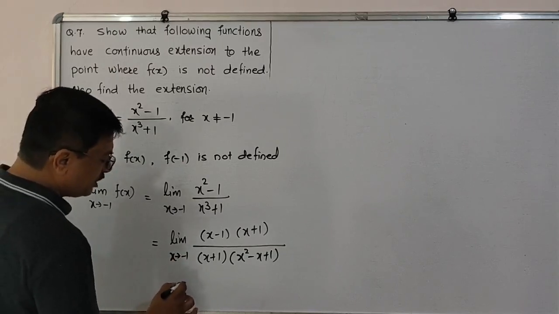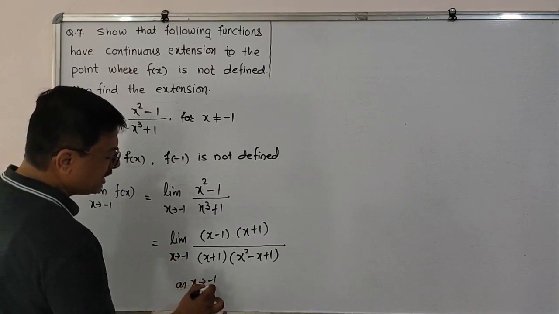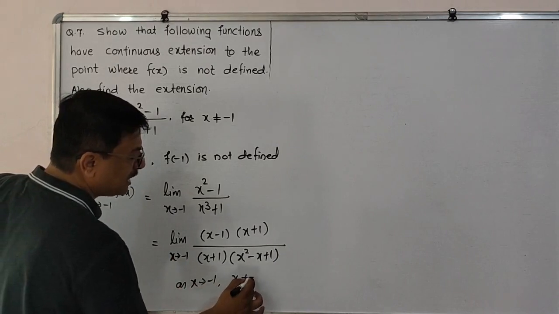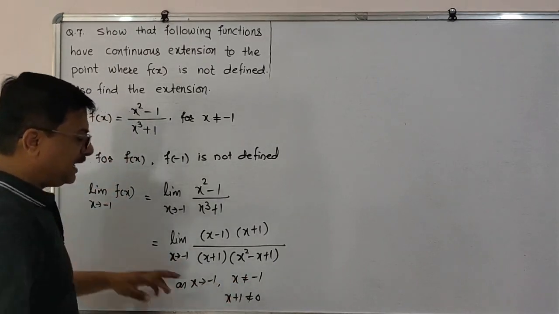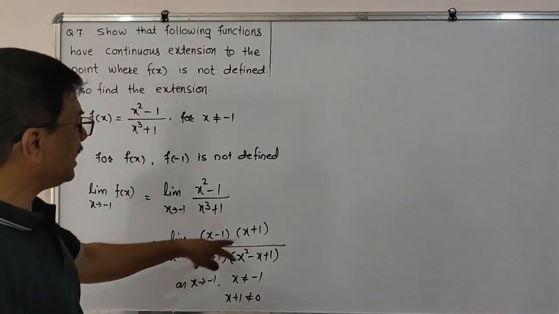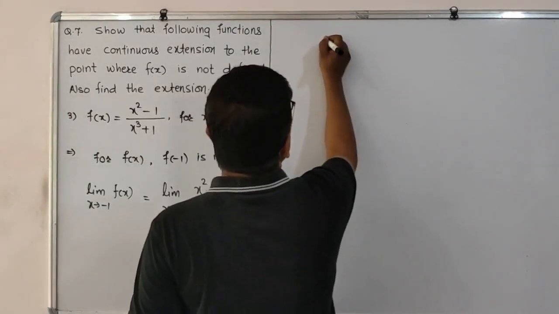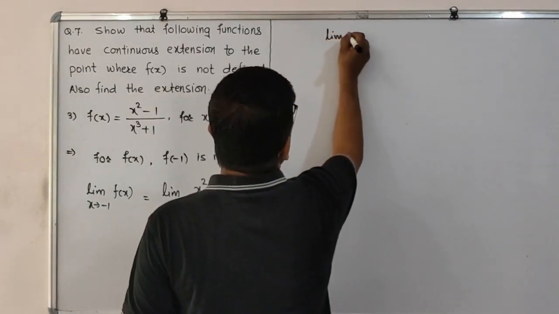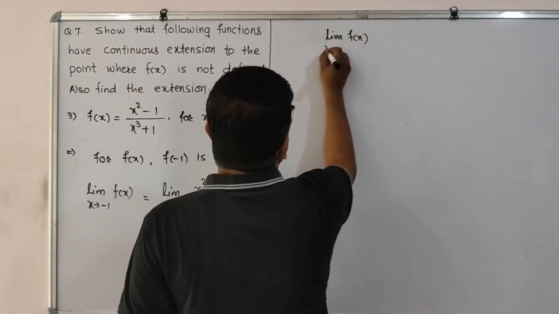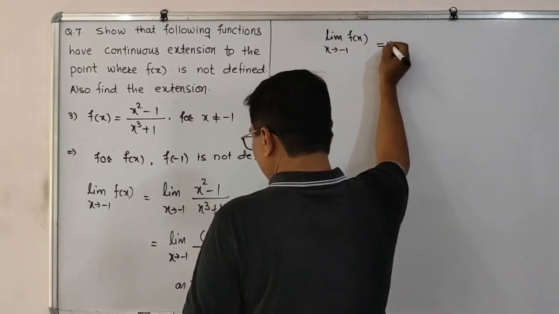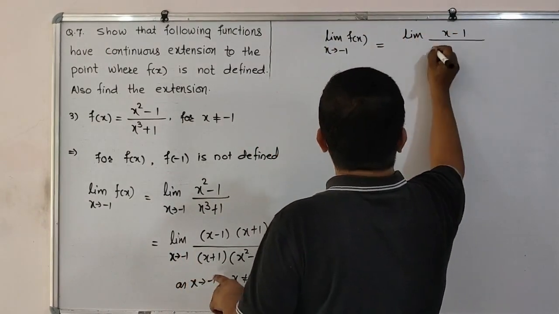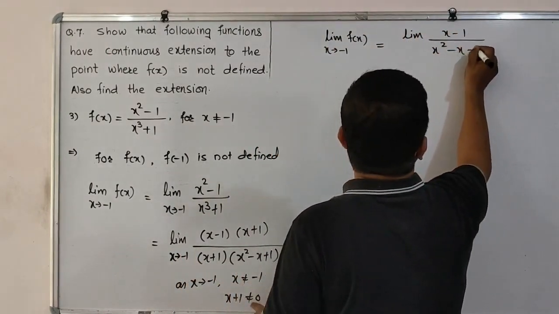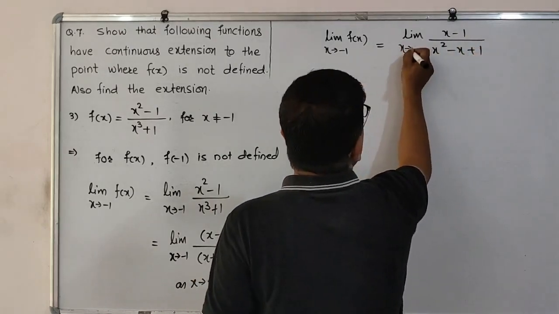Now as x tends to minus 1, we can say that x is not equal to minus 1, means x plus 1 is not equal to 0, and if x plus 1 is not 0, we can cancel this factor, and hence this limit of f of x as x tends to minus 1 becomes limit of (x minus 1) upon (x square minus x plus 1) as x tends to minus 1.